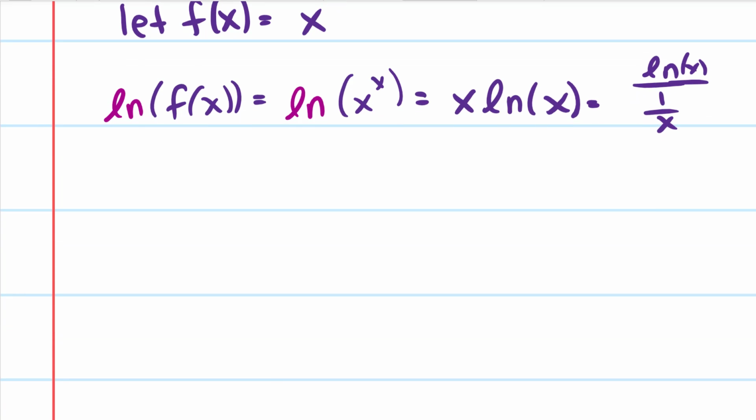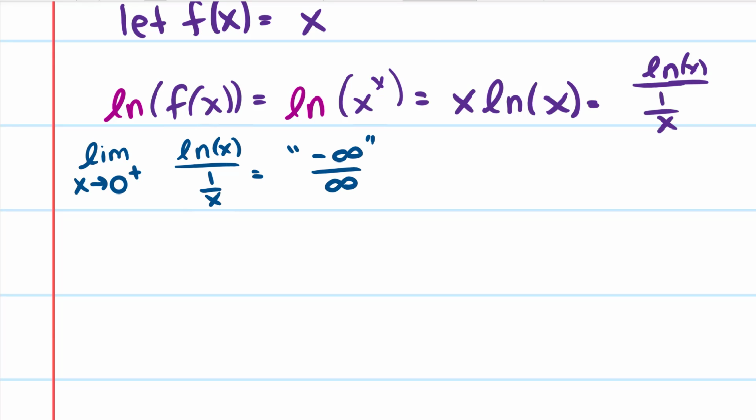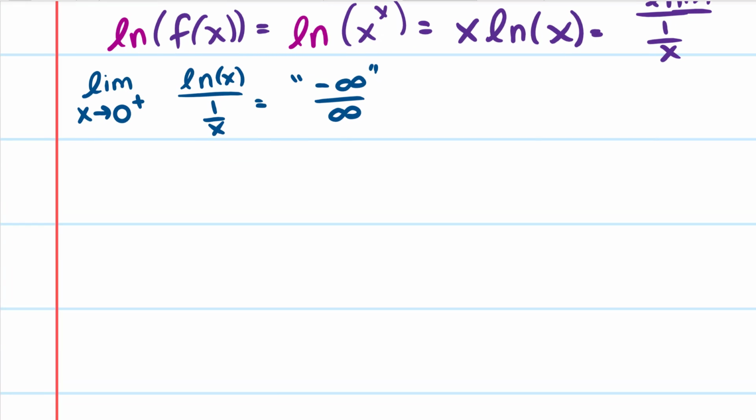What I can do from here is take the limit, and so I get that the limit as x approaches 0 from the right of ln of x divided by 1 over x is going to equal negative infinity over infinity. Because I get this, now I can use L'Hopital's rule.